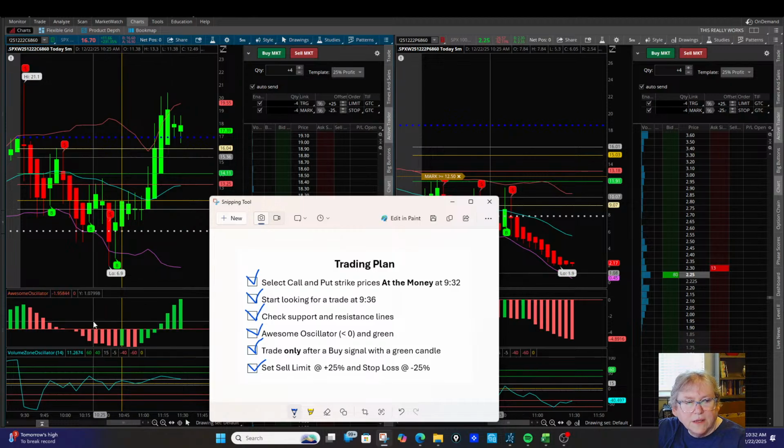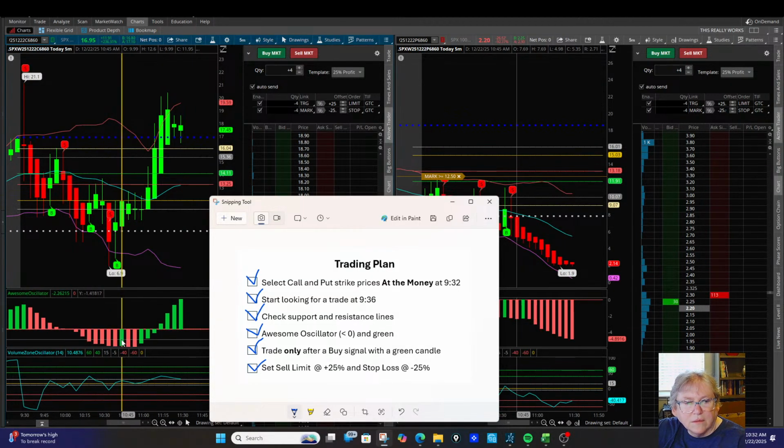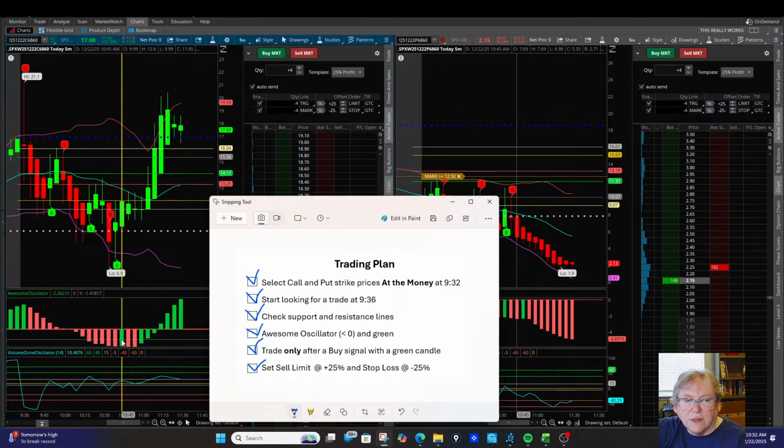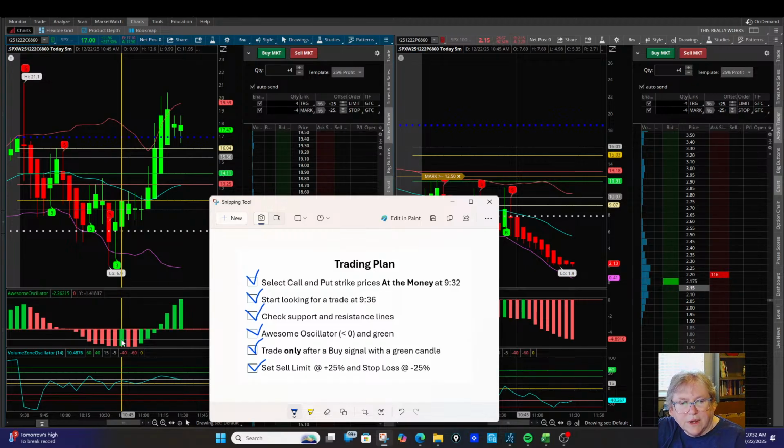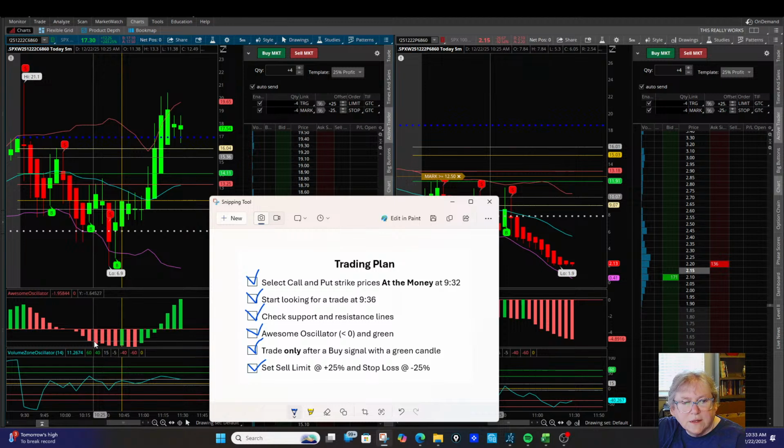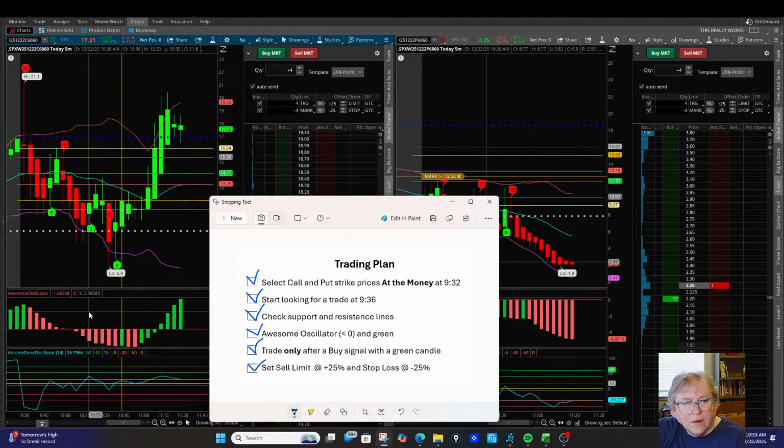So it could be less than 0, but if it doesn't have the green bar, it doesn't really mean anything, because that signifies that it's changing direction and headed up. So you don't want to get in something and then have it continue to go down a little bit more, which is what happened here with that red bar on the awesome oscillator.